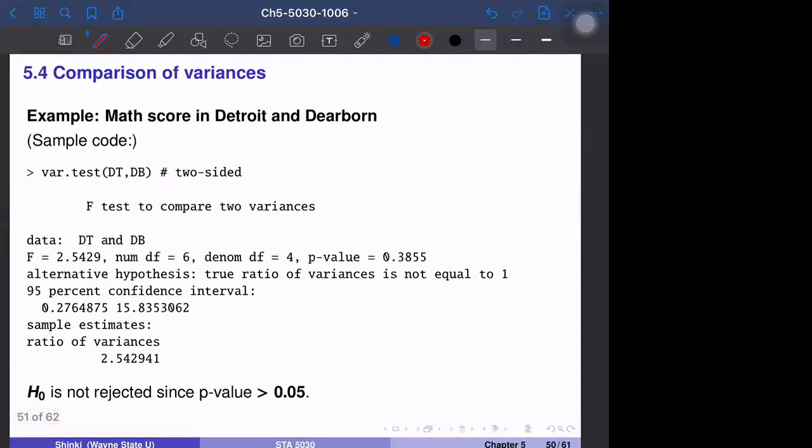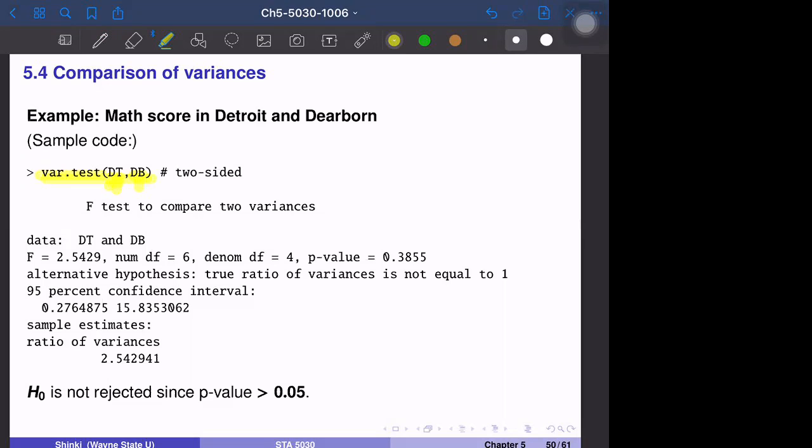And here is the R code example for the test for variances. We can use a new function, var.test. So if we have one sample, the Detroit test score and the Dearborn test score, then we can just put the 2 vectors here, then we can do the variance test here.